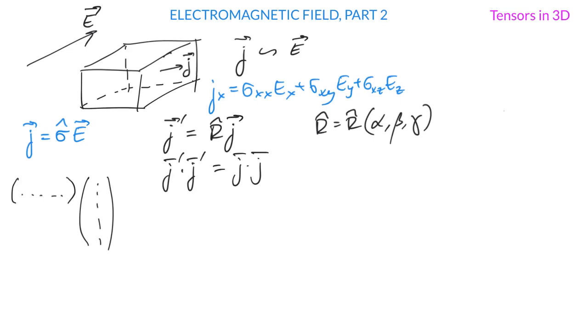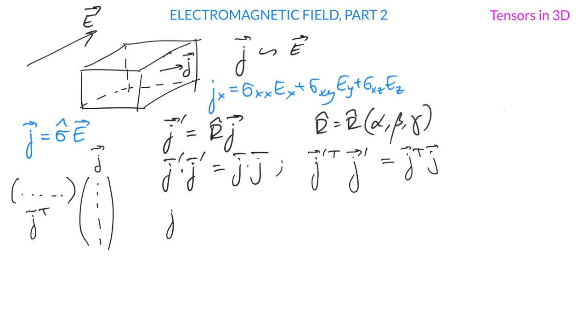Now if we use the conventional notation like J for a column vector, then this row vector is a transpose of J. So we could also write this as J prime transpose times J prime is equal to J transpose times J. It's the same notation, but it emphasizes the matrix structure of this expression.